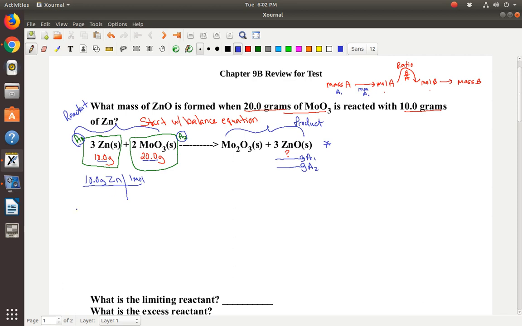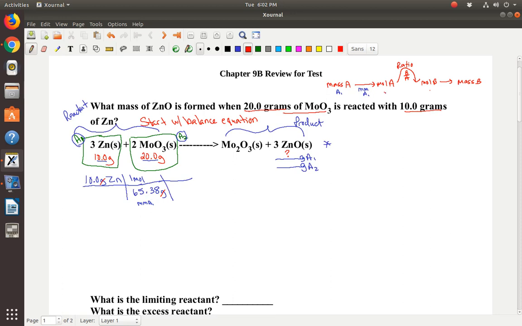And so now if I look it up on the periodic chart, zinc is 65.38 grams. So that's the molar mass. This is the molar mass of A1, the zinc. And so if I cancel out my units at the moment, I could cancel out grams and grams. Make sure your units cancel.